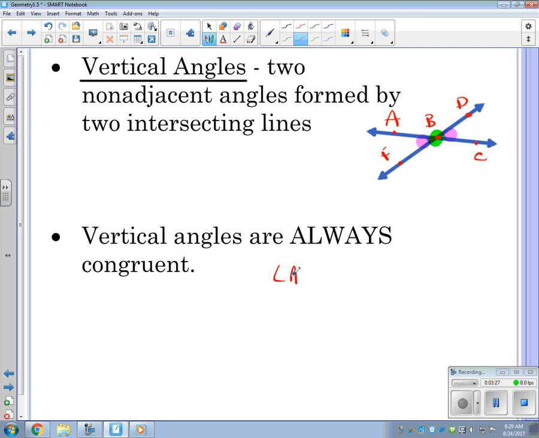So I could write angle ABD is congruent to angle, the bottom one, FBC. And likewise, the left and the right, angle ABF is congruent to angle DBC. So always going to be the same, and whenever you make lines, you'll have two pairs. So that is vertical angles.